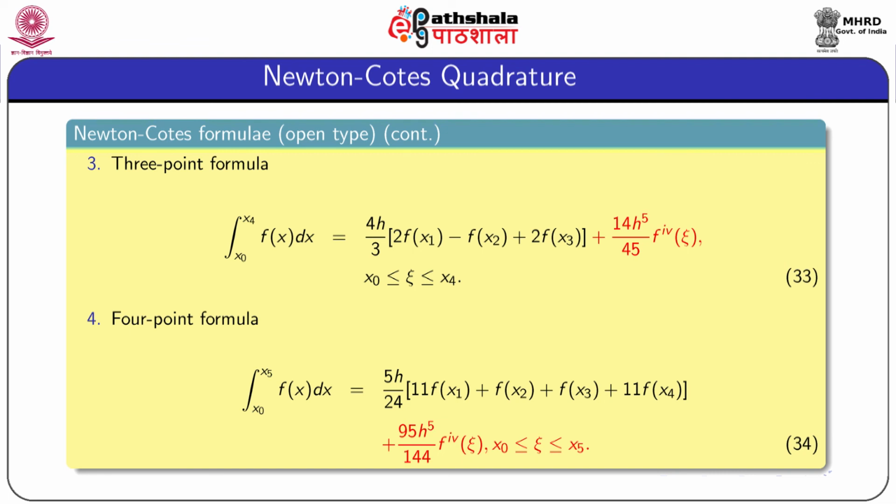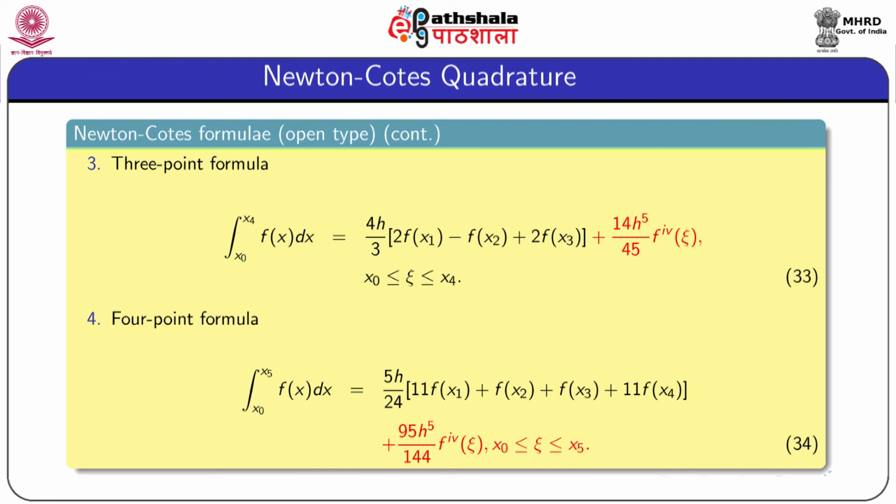And this is the 4-point open formula, and this formula also gives the exact result for an integrand f(x) which is a polynomial of degree up to 3, because the error term involves the fourth derivative.